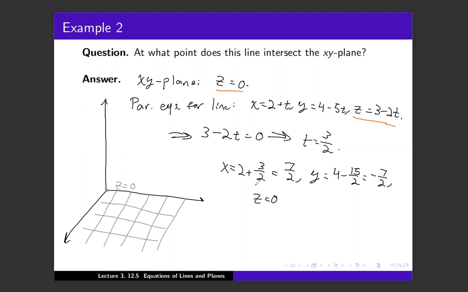And z is 0 because it's the xy plane. So the point of intersection is going to be 7 halves, negative 7 halves, 0.